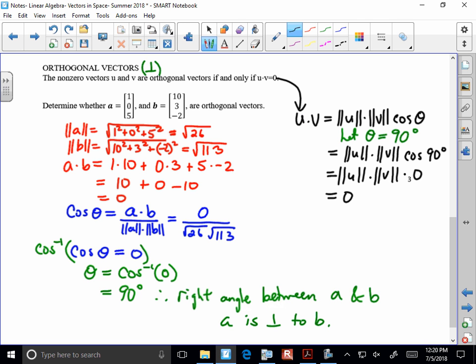All right. So how does that relate to this? Well, here's the dot product between the two vectors. It gives us a numerator equal to 0. It tells us that no matter what those magnitudes were, as ugly as they were, the whole thing's going to zero out if the dot product is equal to 0, which makes the cosine equal to 0, which makes the angle equal to 90 in all cases. Orthogonal.